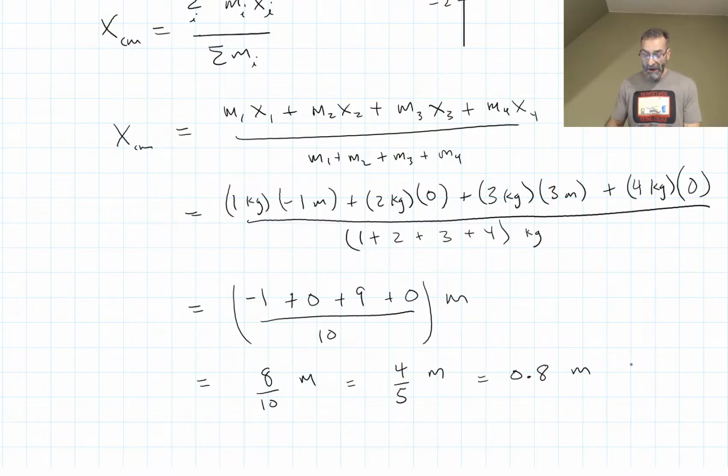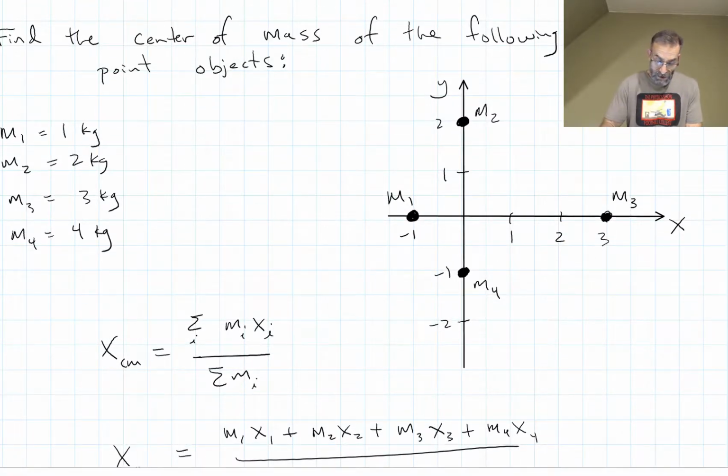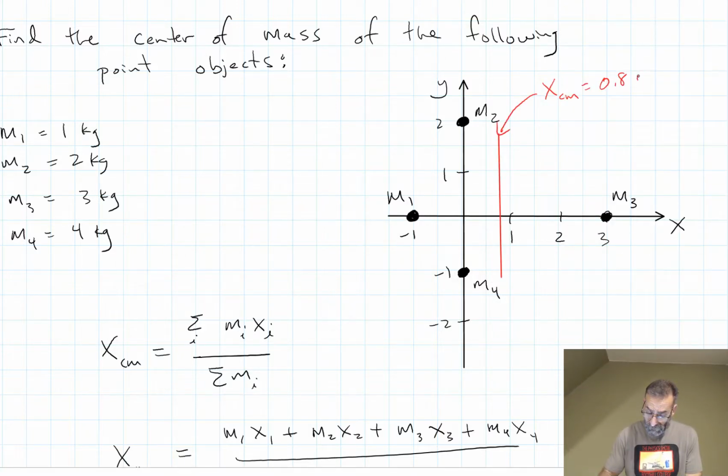So the x location of the center of mass is at 4/5 of a meter, or 0.8 meters. So somewhere on this line is the x center of mass location.